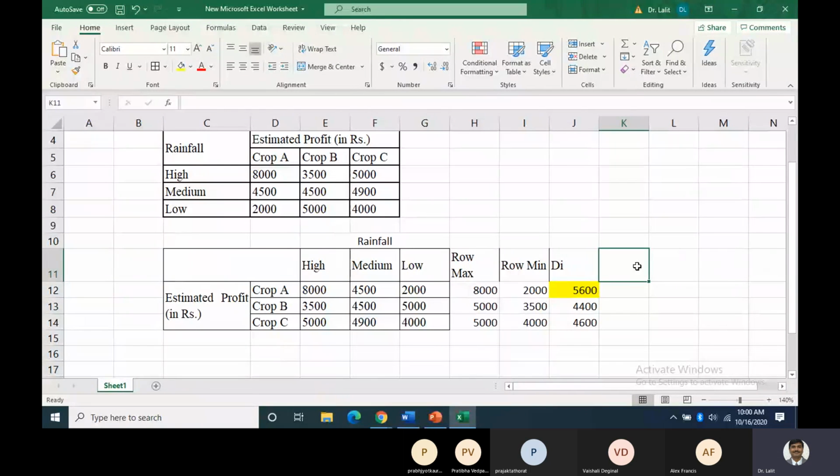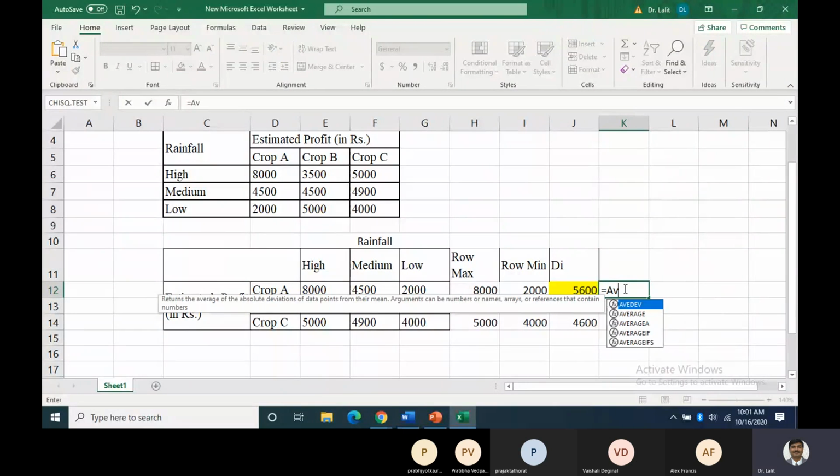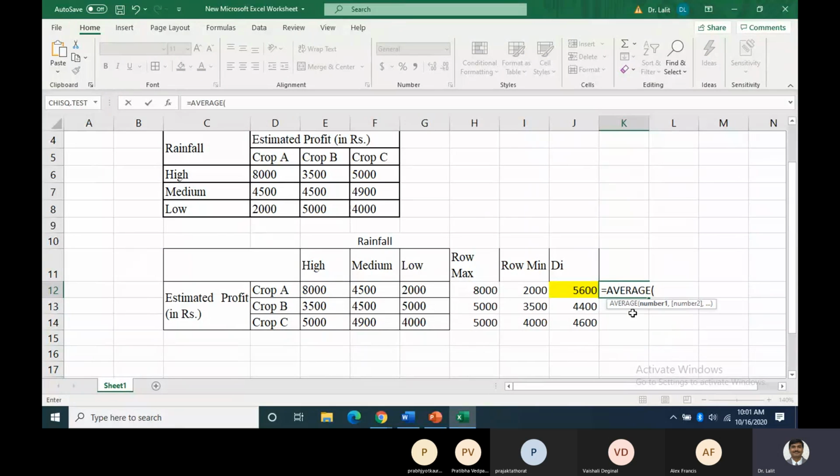Okay. So Laplace criteria के लिए हम क्या करते हैं? For Laplace criteria, we used to take average of the payoffs. Okay. So Excel में ये benefit है.